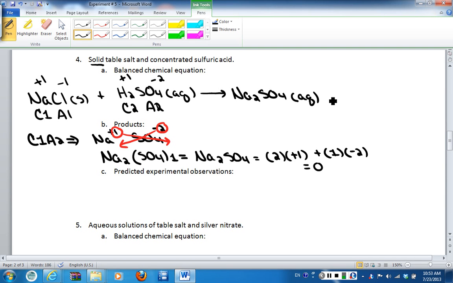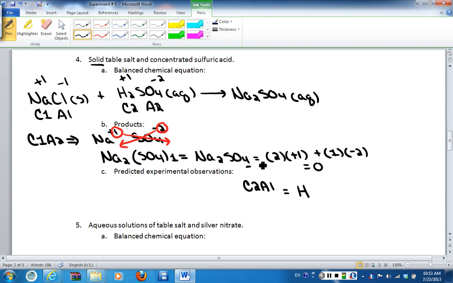Now, if we look at what is remaining, we want to pair cation number 2 with anion number 1. So cation number 2 is a hydrogen. And again, notice how I'm not taking the subscript for the hydrogen. I'm not taking H2. Remember, when you have polyatomic ions, you take the subscripts with you, which is why I took SO4.